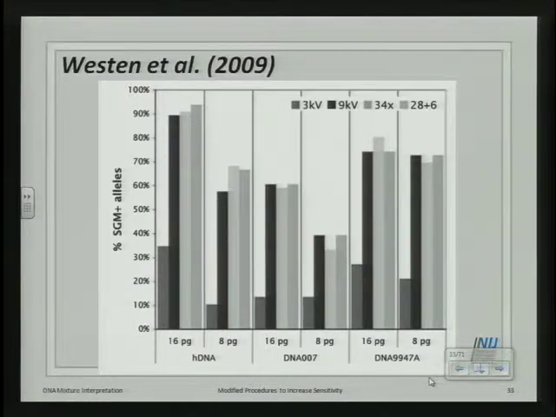So you amplify 28 cycles with Identifiler, then after the end of 28 cycles, you pop the top, you add more Taq, you put it back in for 6 more cycles. And so they found that the increased injection time performed just as well as increased cycles in the samples they were looking at, these low levels, 16 and 8 picograms.